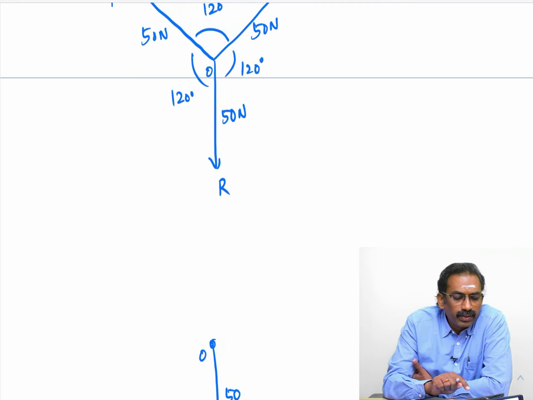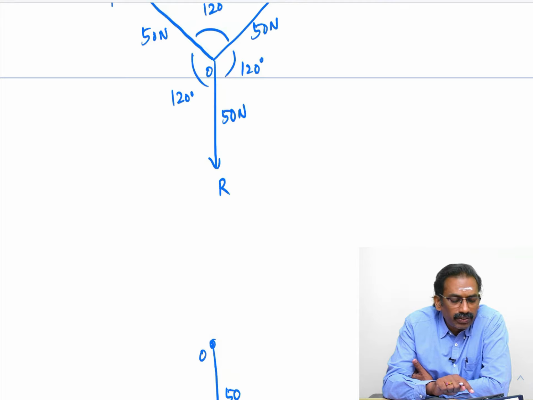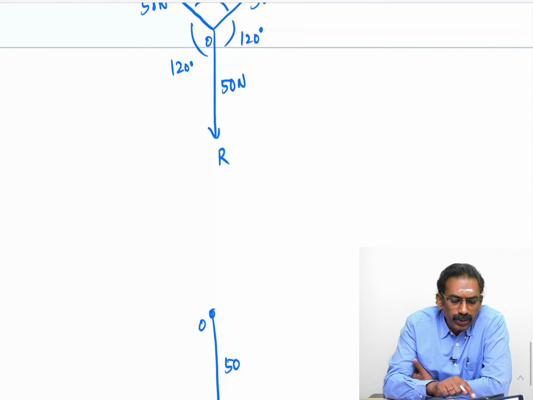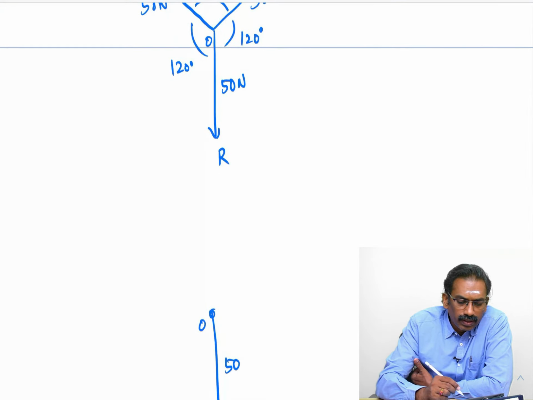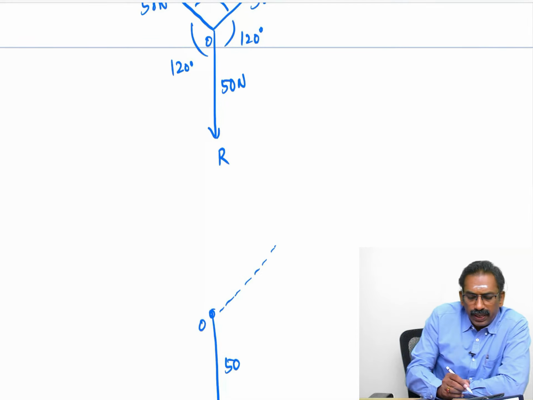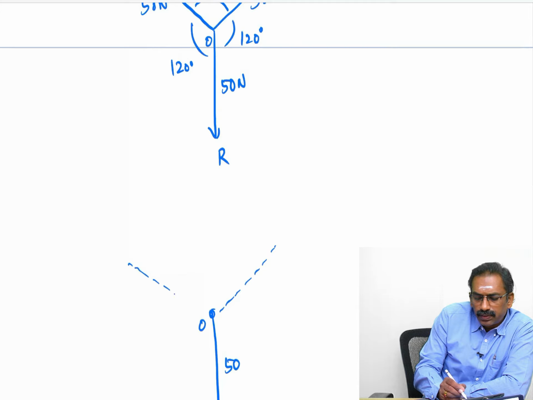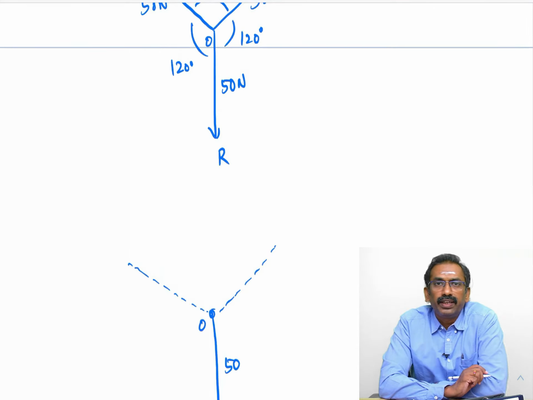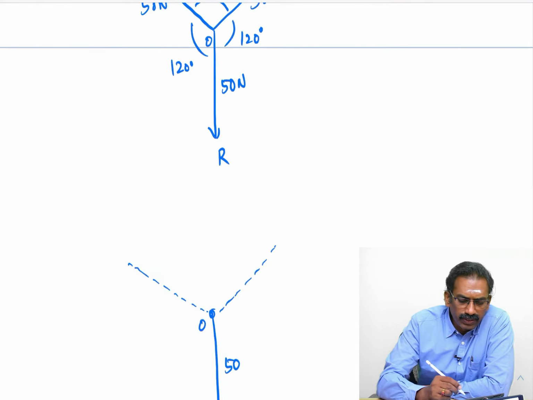I am going to consider the resultant of OP and OQ. These are OP and OQ vectors at an angle 120 degree. The resultant of these two vectors will bisect this angle 120.